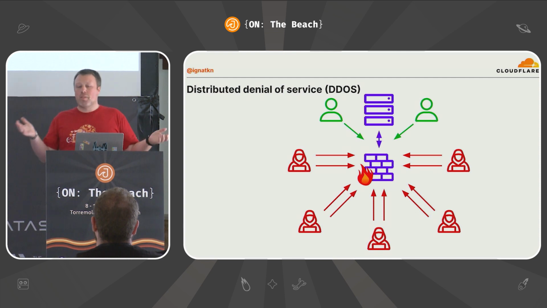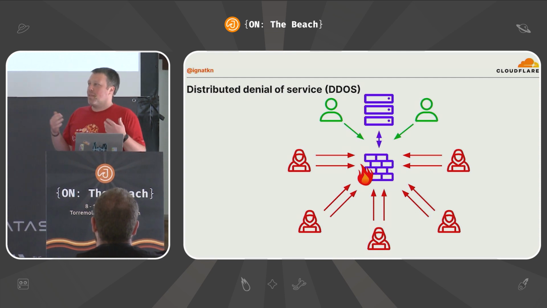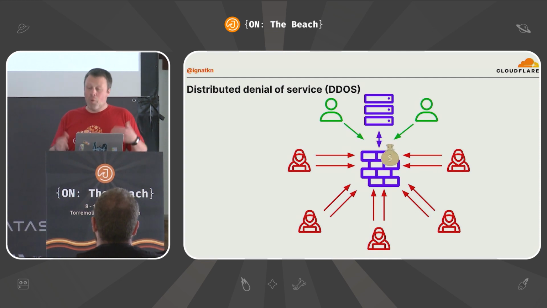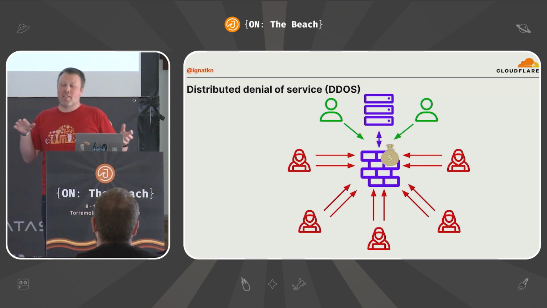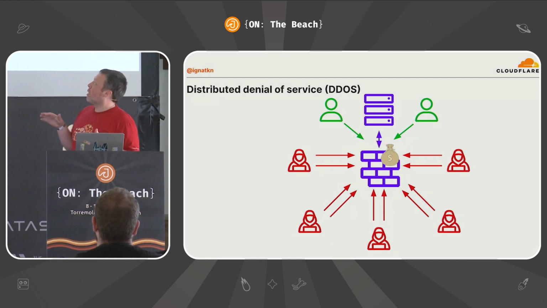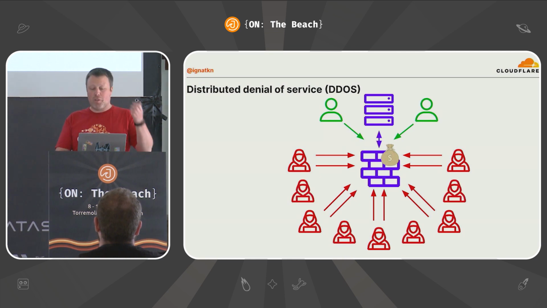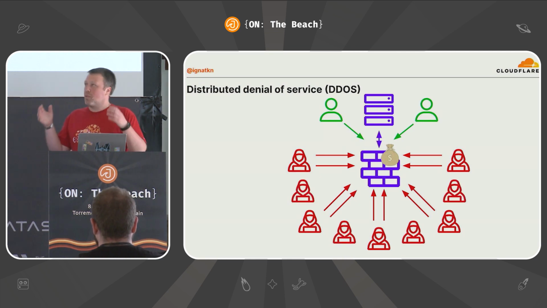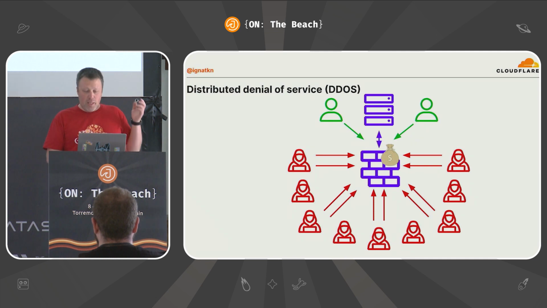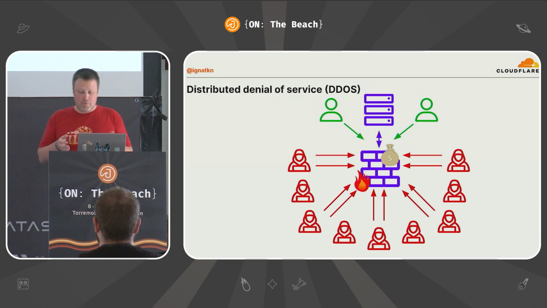And in this case, there are companies which will help you and say, hey, buy our specialized dedicated firewall, which will handle all of that, and it will be quite expensive. But the problem is it's bound to fail, because in a distributed case, more and more attackers will come, you receive more and more junk traffic, and even this dedicated firewall becomes overloaded, and then your users will not be happy.